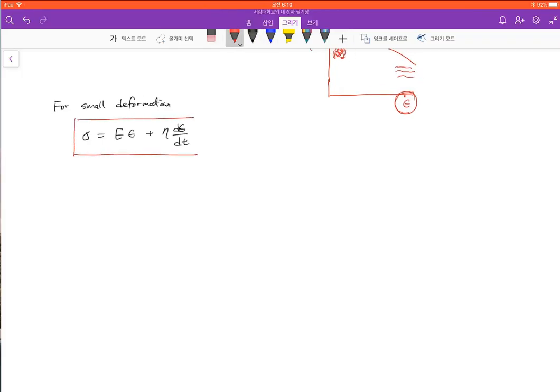So this equation shows the viscoelastic behavior of polymers, and this equation is called the constitutive equation.